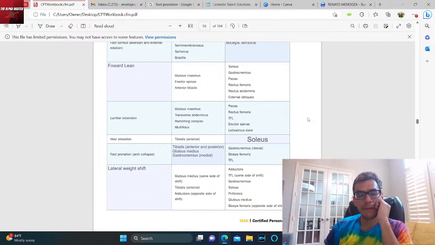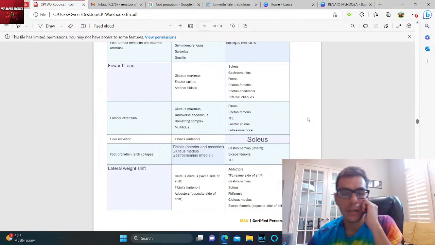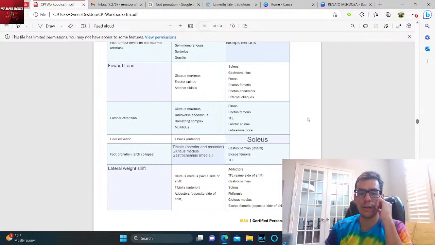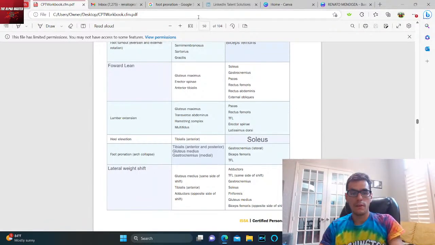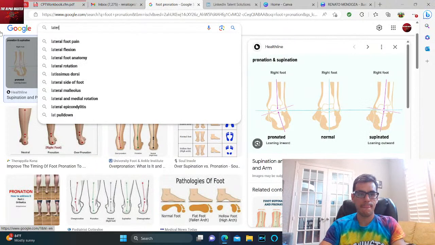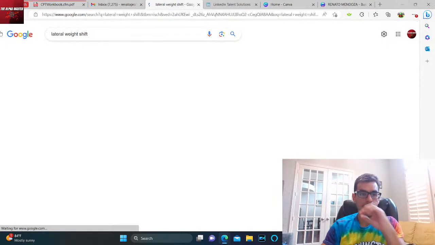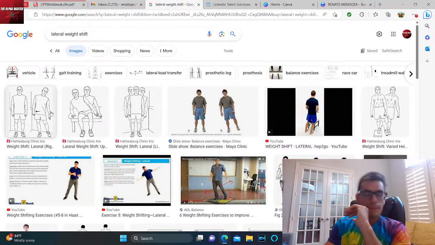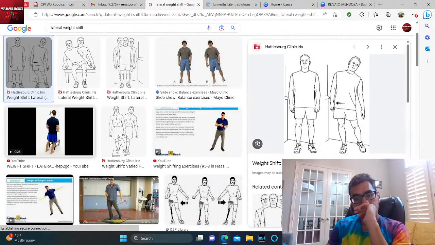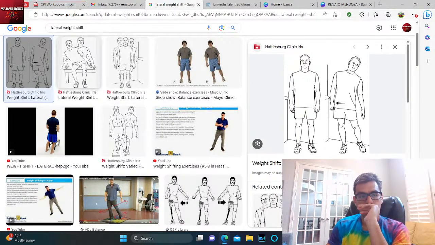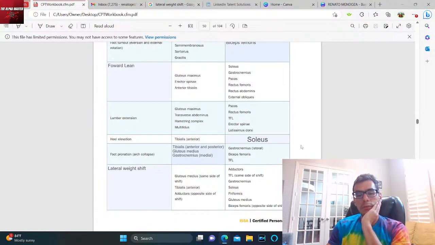And for the lateral weight shift, the possible weak muscles are the gluteus medius on the same side of the shift, and the tibialis anterior and the adductors on the opposite side of the shift.